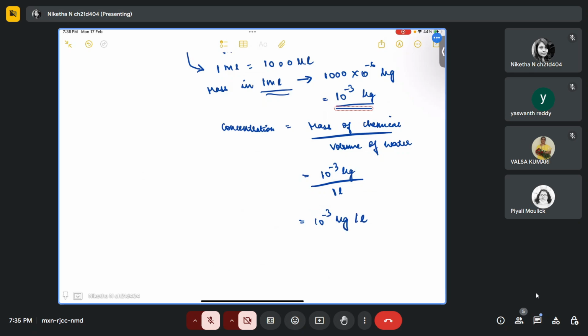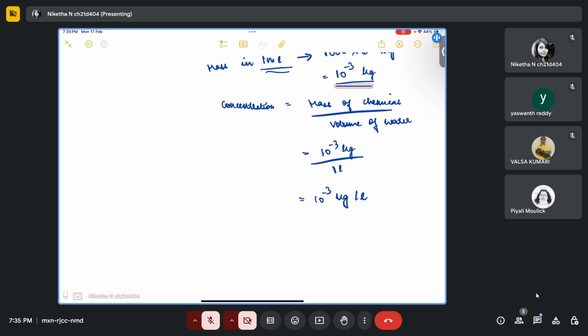They have asked in terms of nanograms. So can you convert microgram to nanogram?